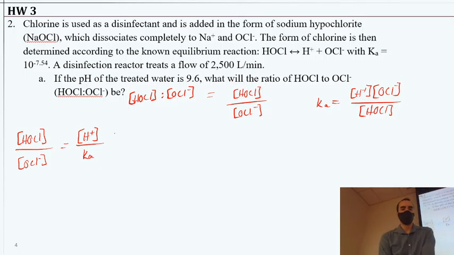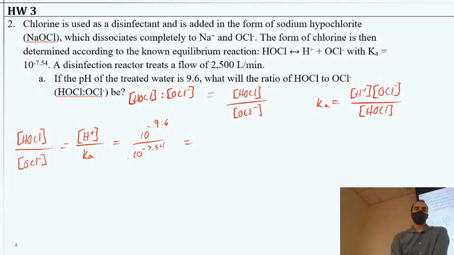So that's going to be simply 10 to the negative 9.6 divided by 10 to the negative 7.54, I think. Yeah. Okay, if we just look at it, if you have 10 to the something divided by 10 to the something, you can subtract one exponent from the other.